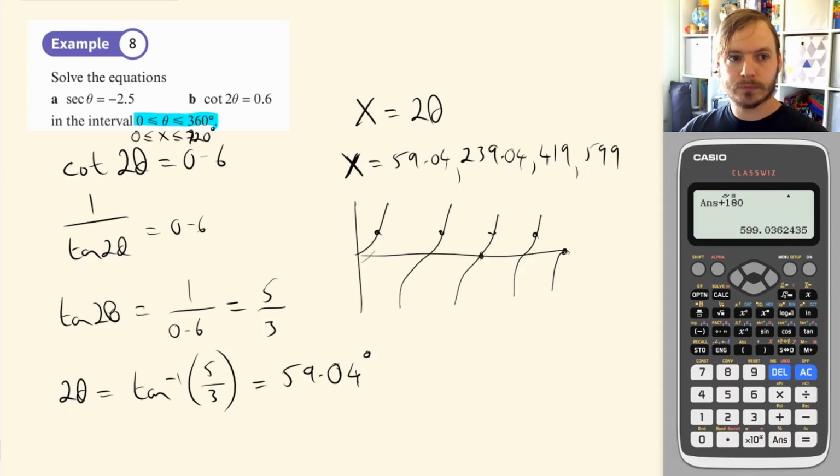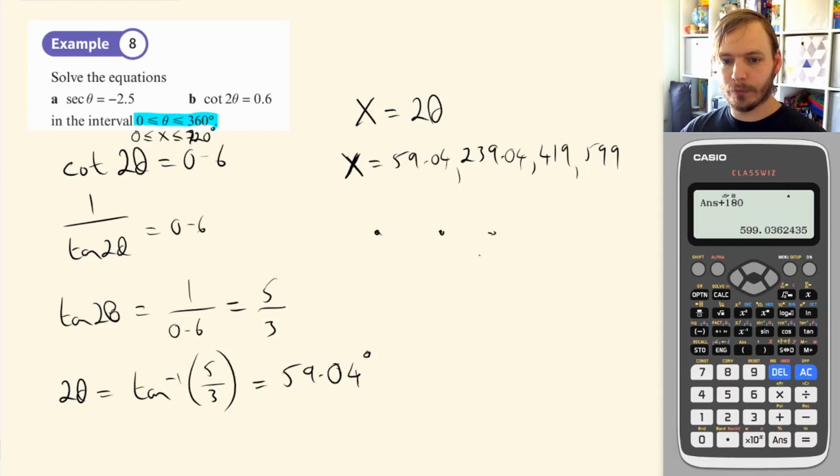So my different values for theta, well, theta equals x over 2. So theta equals half of all of these.